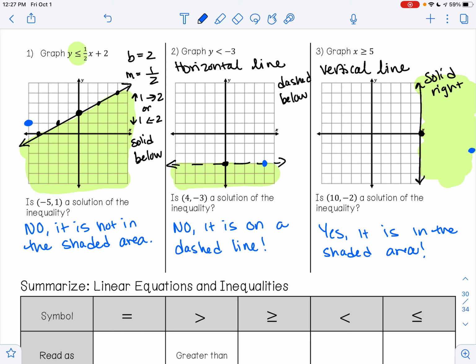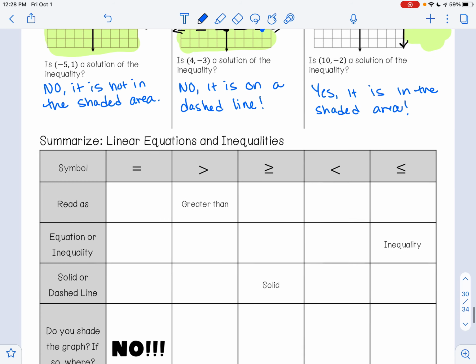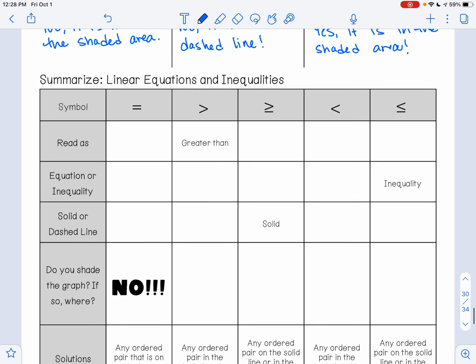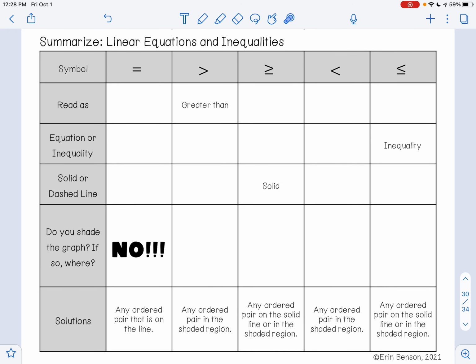All right, so let's summarize everything that we've learned today and in the past couple lessons. If I have this symbol right here, we read that as equals. This is the greater than symbol. This next one is greater than or equal to.